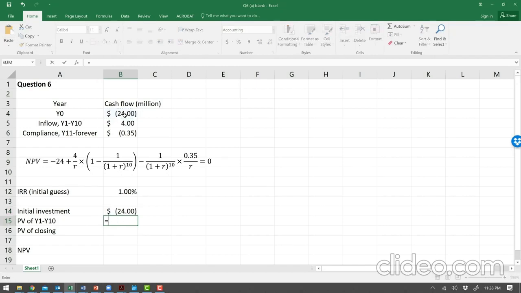The annuity part equals to 4 divided by R multiplied by 1 minus 1 divided by 1 plus R raised to the power 10. And the perpetuity part equals to 0.35 divided by R, and this entire expression is divided or discounted to present at discount rate R.